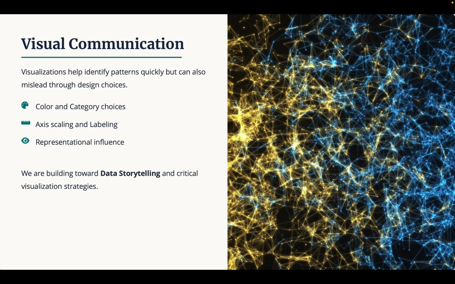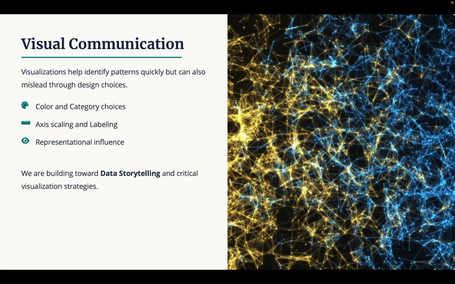This week, we'll also introduce the idea that quantitative information must be communicated visually and responsibly. Visualizations are powerful because they help people quickly identify patterns and relationships. However, visualizations can also mislead. So, choices related to graph scales, color, labels, categories, and representation all influence interpretation.